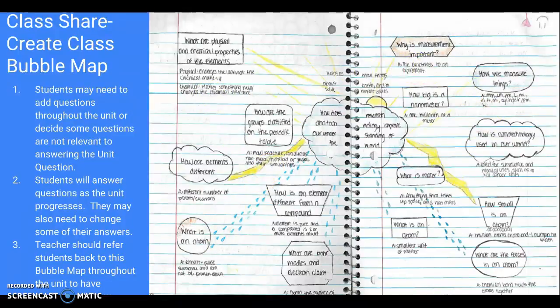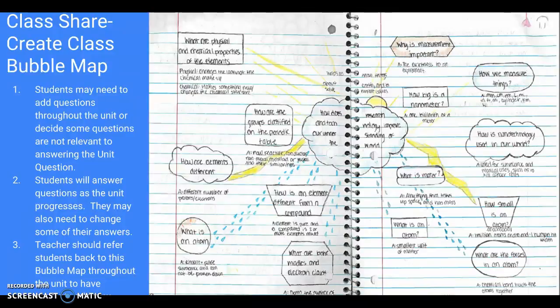So what you should do after the class has created their bubble map, students should write their own bubble map in their journal and answer the questions as best they can. And if they can't answer a question, it's okay to leave it blank. But they need to know that maybe as time goes on, they'll find that they don't need that question to be able to answer the unit question, or maybe they need more questions, so they're going to add more.